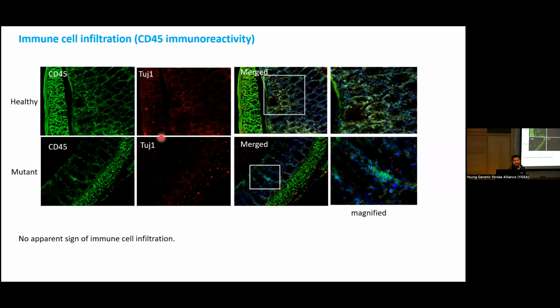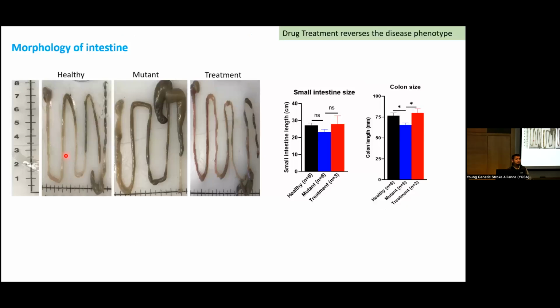That is called infiltration, but in the healthy or the mutant mice, we don't see any immune cell infiltration. So from the inflammation perspective, we don't believe these mice have any inflammation in the gut. It's only about the smooth muscles. That's how we characterize these mice, showing the whole gut phenotype, the whole sick phenotype.